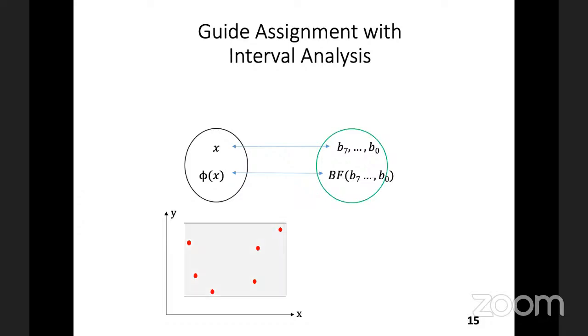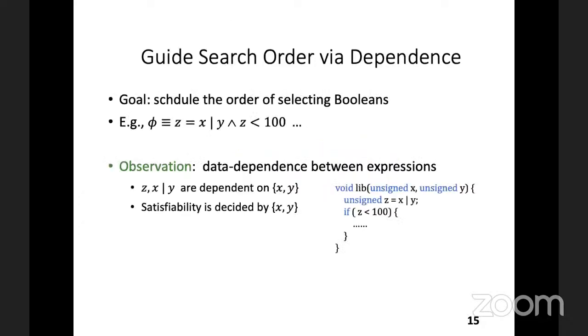If we are able to infer that X is less than 4, then we can soundly deduce that B7 to B2 must all be 0, because otherwise the value of X would be larger than or equal to 4.